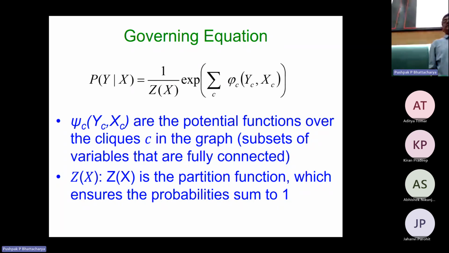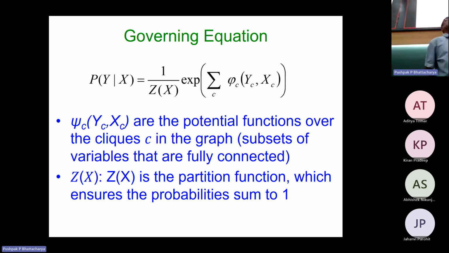So what does this mean? Psi c (yc, xc) is called the potential function. And these potential functions are over the cliques in the graph. Clique C in the graph. What does that mean? Subsets of variables that are fully connected. This takes us into some graph theory.